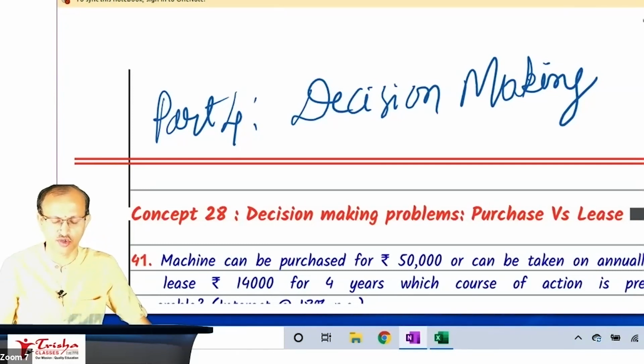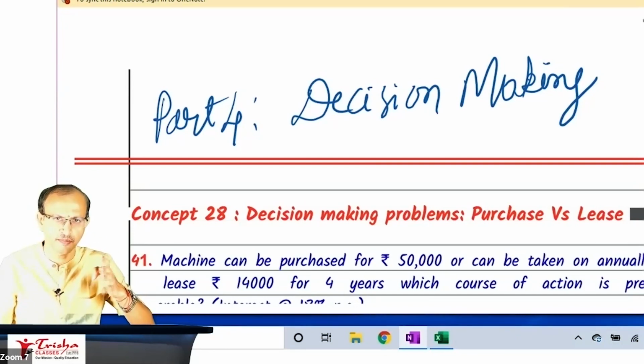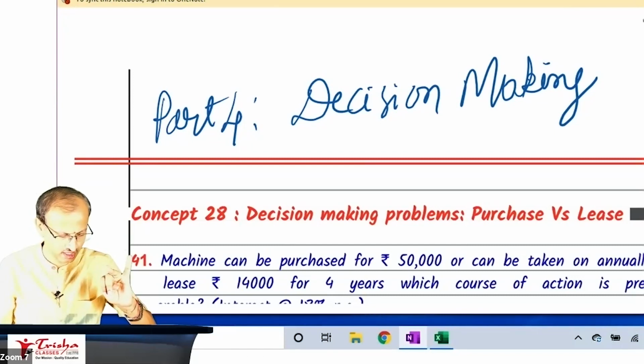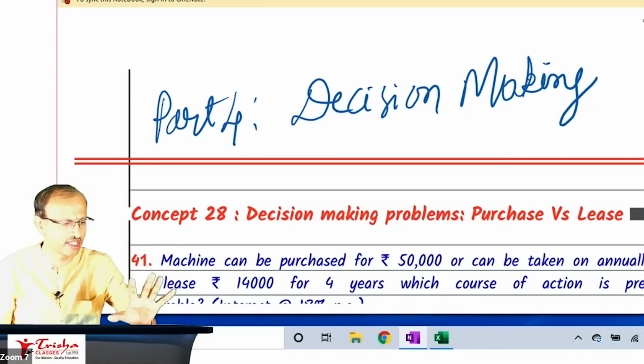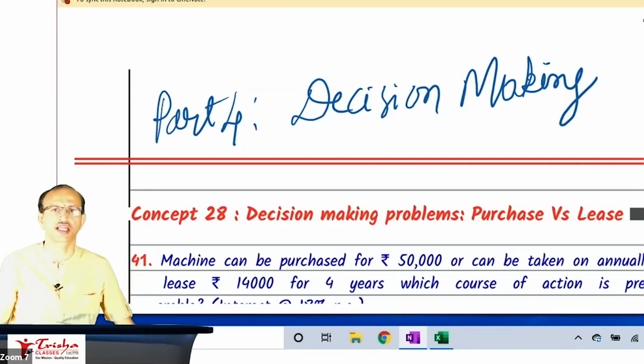Okay. So Part 1 was time value of money, the meaning and other computations, which includes SI. Part 2 is CI. Part 3 is annuity. In Part 4 we are discussing decision making.